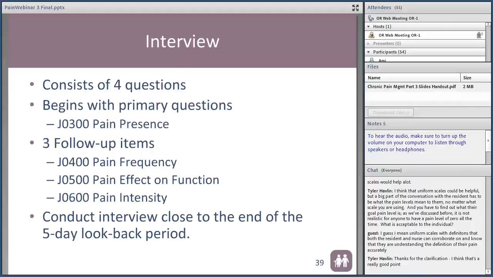Because remember, on your short stay, they include your admission assessment in your quality measures. Long stay, they don't, of course, because they've been there 101 days or more. But the short stay, definitely, if you identify that they're having horrible pain, frequent pain, daily pain, and at a severe level, then that is going to trigger on your quality measures.